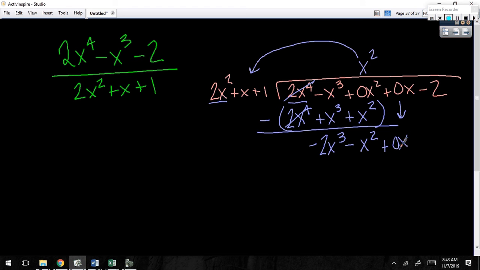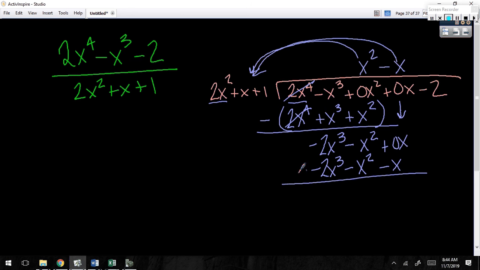All right, what do you multiply 2x squared by to get negative 2x cubed? Close. Negative x. So when I multiply through here, I need to multiply by a negative every time, okay? So I got negative 2x cubed, negative x squared, and negative x.